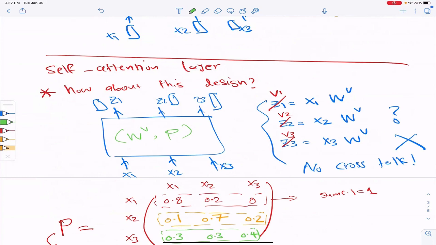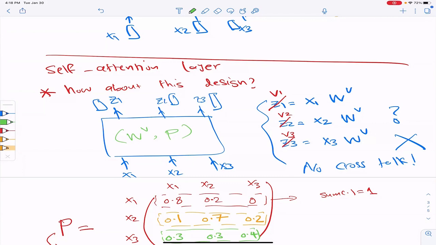Yes. I didn't understand why you do WV. You don't have to, but it doesn't hurt to add another linear transformation on top of the x's, especially if you want to work in a different dimension than the original 512 dimension, because you can perhaps have dimensions of these a little bit smaller.